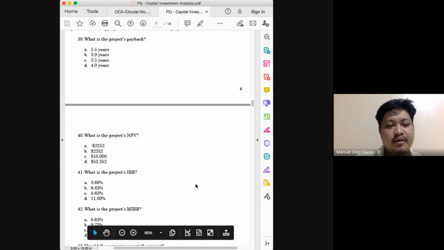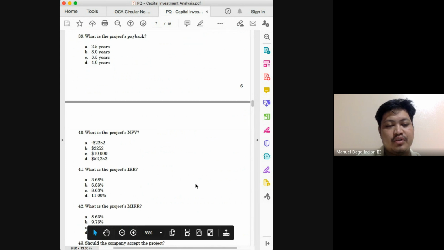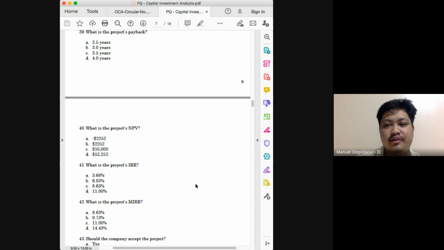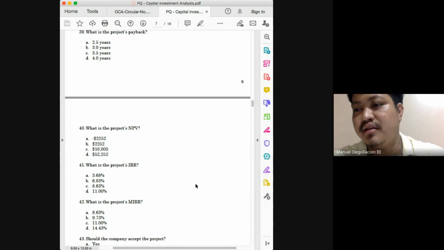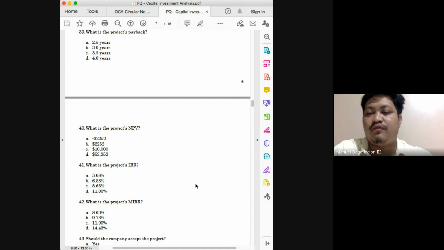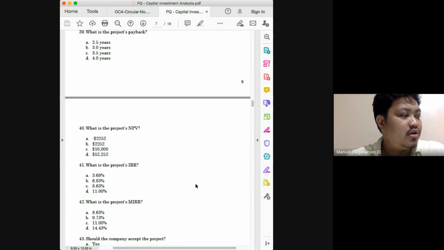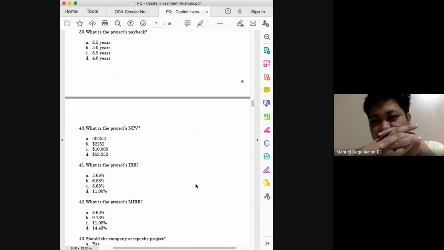We will skip MIRR. I don't think there will be questions asking you to solve for the modified internal rate of return. The MIRR is another method which addresses the concern of having more than one internal rate of return. If you recall, this is common if you have cash outflows after year 0.